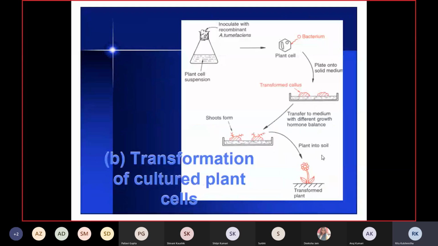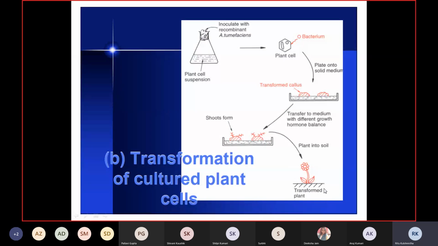The only thing is that if in my cloning vector, that is the Ti vector or whatever binary vector that I'm making, I use a promoter which is constitutive in nature, with high expression, then my gene of interest will be present in all the parts of the plant. If I use a promoter which is leaf specific, then even though my gene has gone in all cells of the plant, my gene of interest will only be expressed in the leaf.